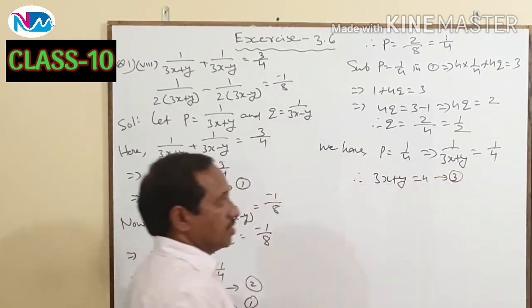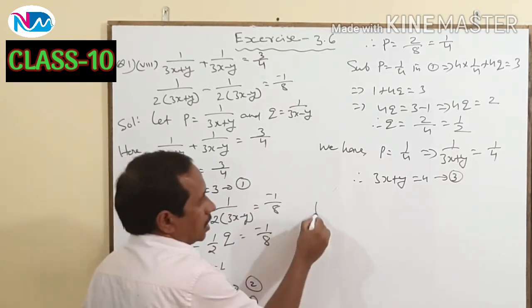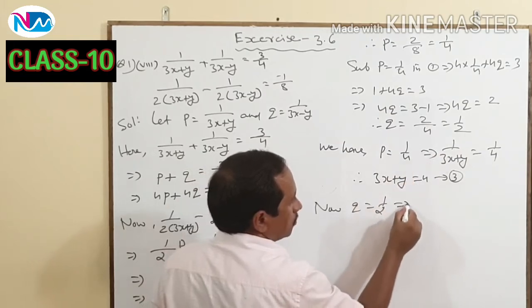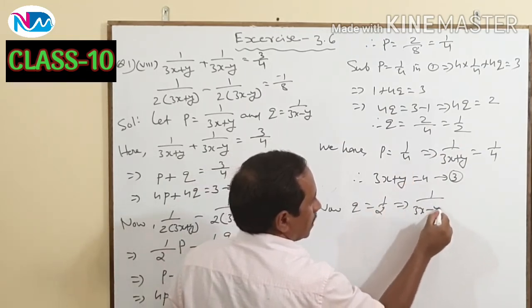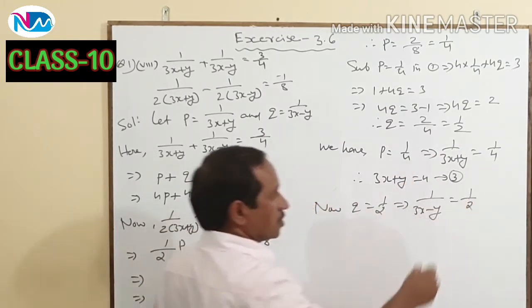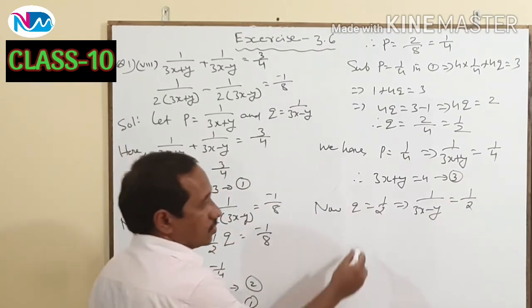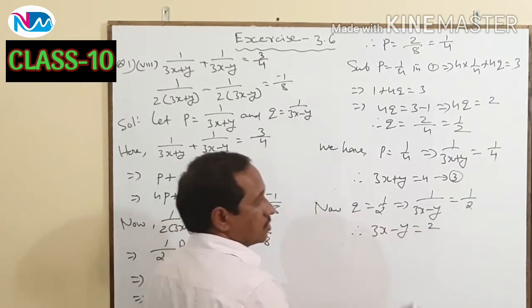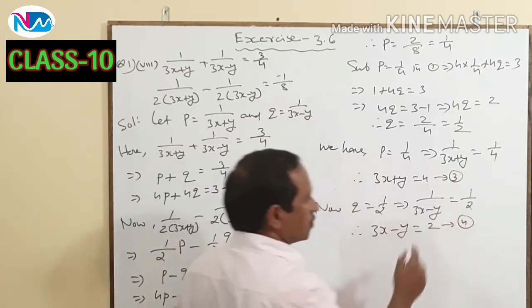I give this one equation number 3. Now q is equal to 1 by 2 means 1 by (3x minus y) is equal to 1 by 2. Therefore, taking the reciprocal, 3x minus y is equal to 2, which is equation number 4.